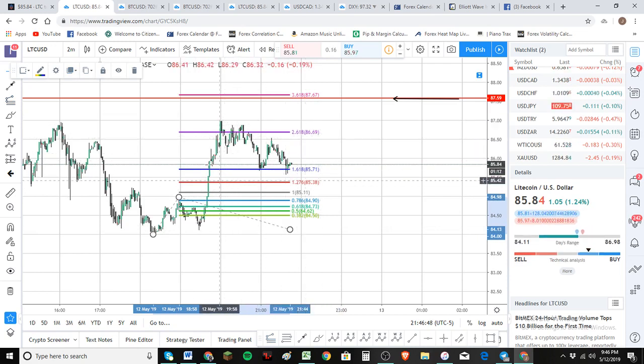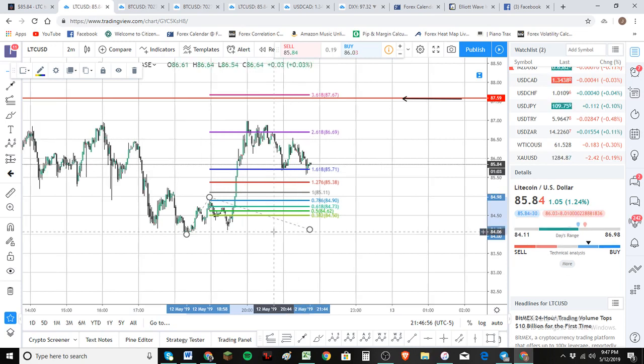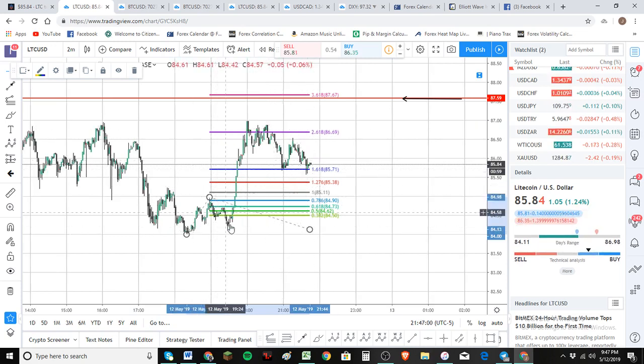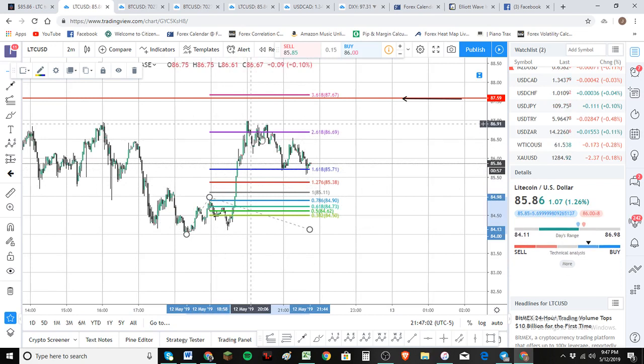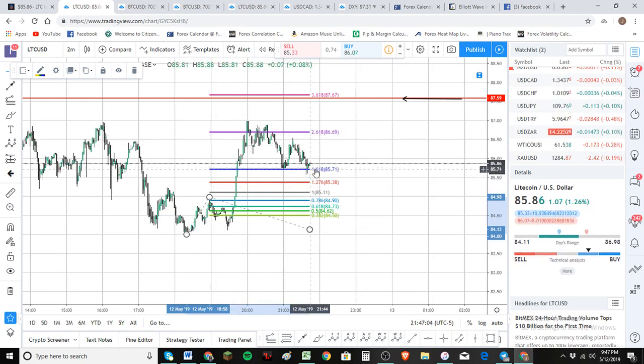Okay, that means a 3 wave often comes to the 1618, but it often also comes to the 2618. This is a real potential here for a 3 wave. So this would be a 1, a 2, and a 3. So we don't always use the 1618, but we sometimes use the 2618 as a landing point, especially if the 3rd wave is extended.